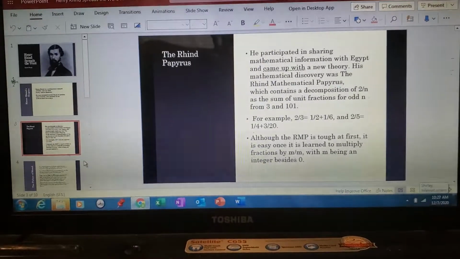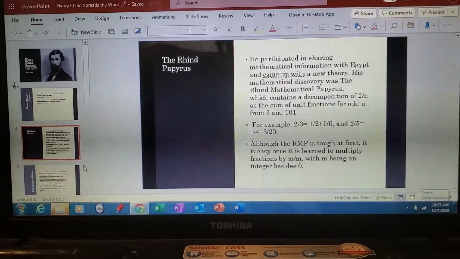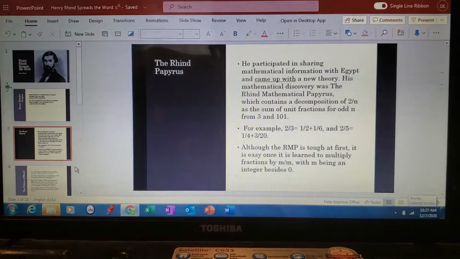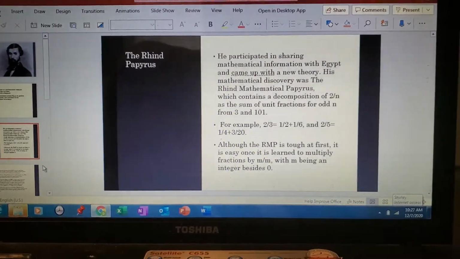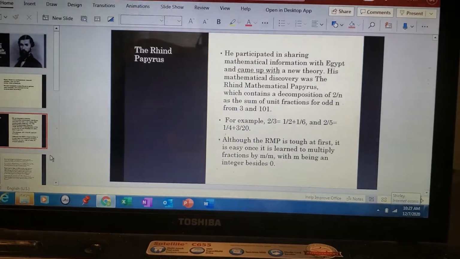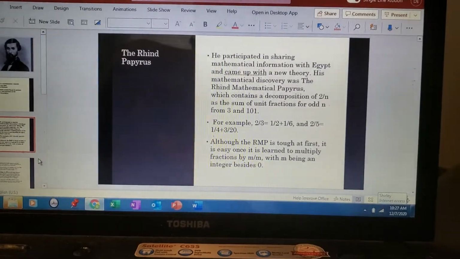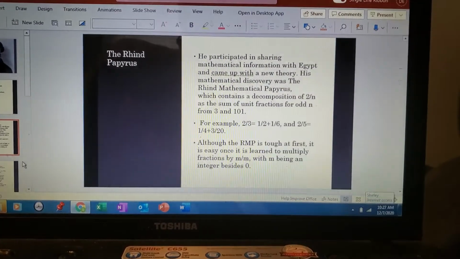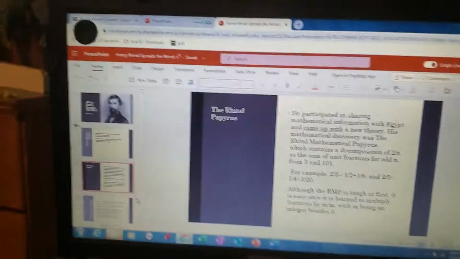His mathematical theory and discovery was the Rhind Mathematical Papyrus, which contains a decomposition of 2 divided by n as the sum of unit fractions for odd n from 3 to 101.